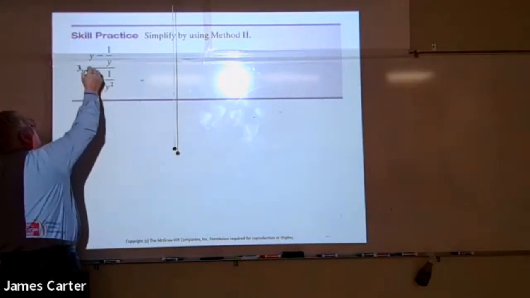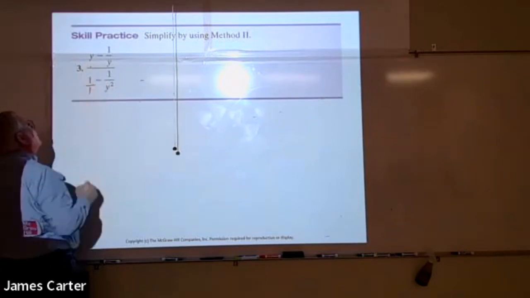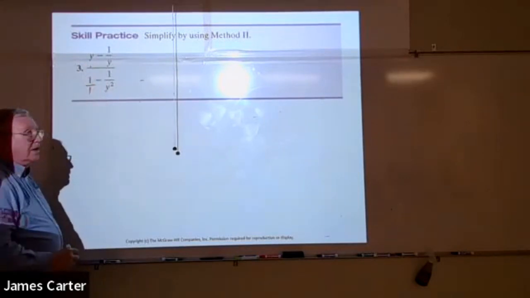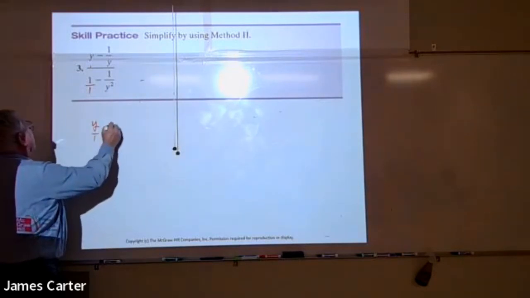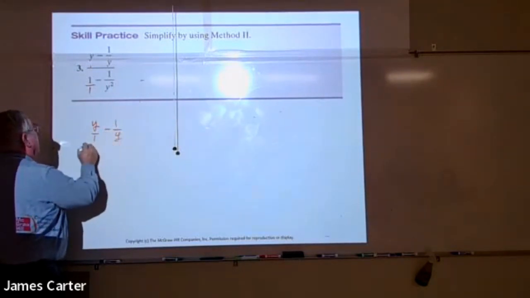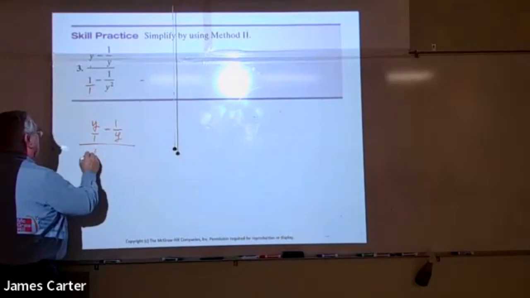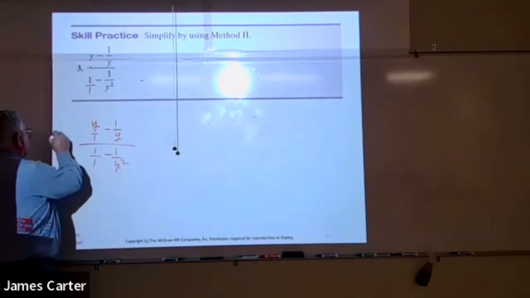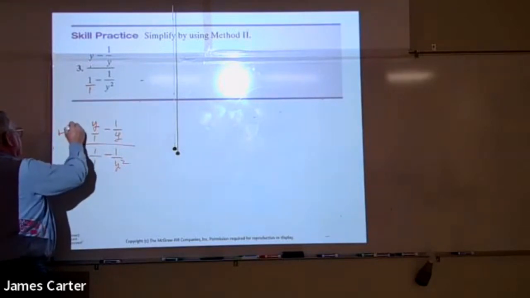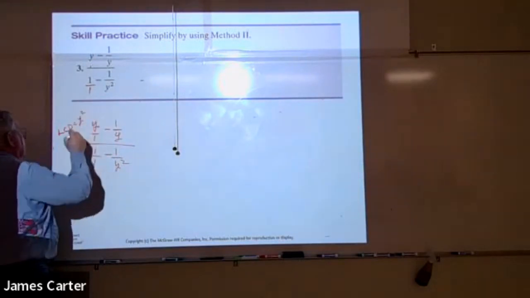We're going to put that over 1, and we're going to put this over 1. Okay. So I've got y over 1 minus 1 over y, over 1 over 1 minus 1 over y squared. Least common denominator is y squared.